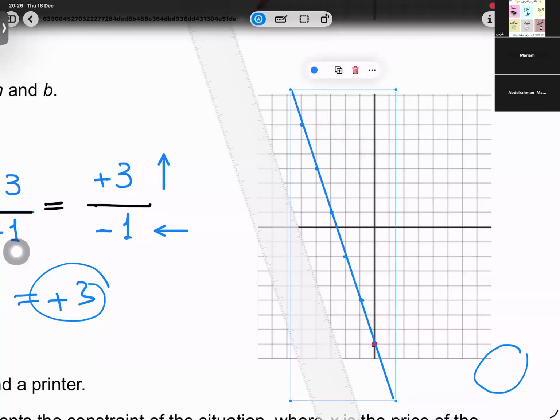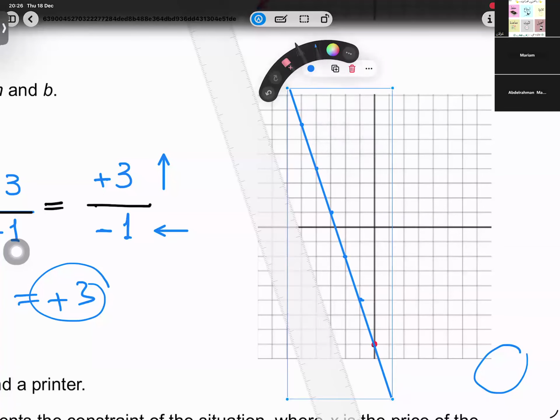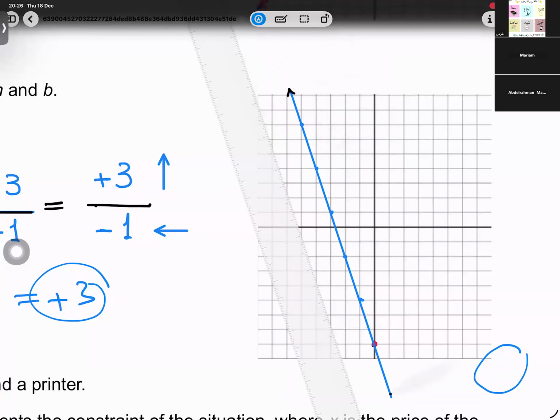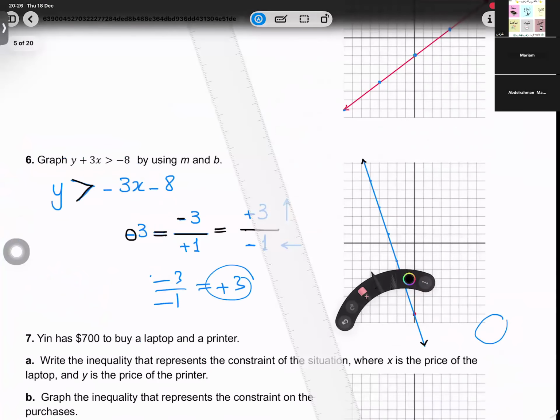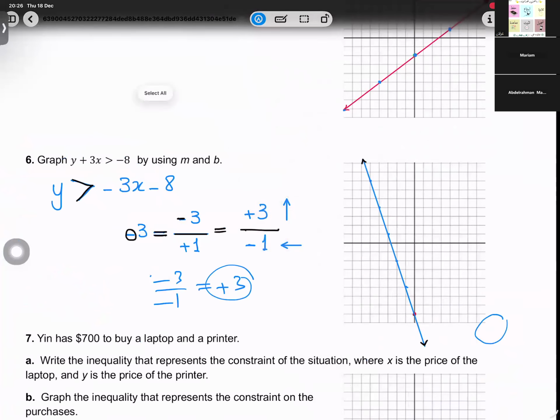Okay, I think I made a mistake. What's the mistake I made?